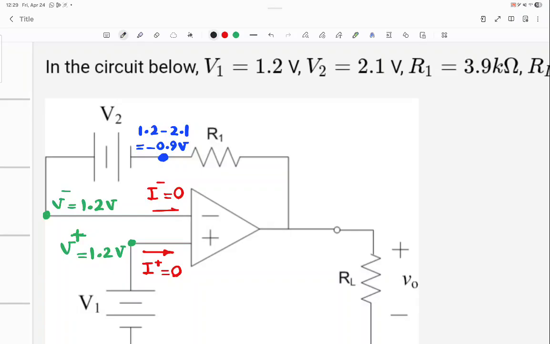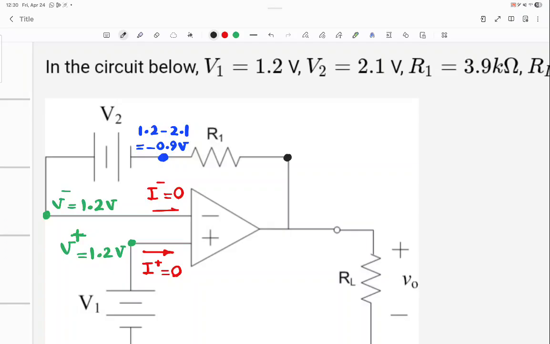What's this voltage? Negative 0.9. Negative 0.9 volts, why? There's no current going through the resistor. Do you agree with him?